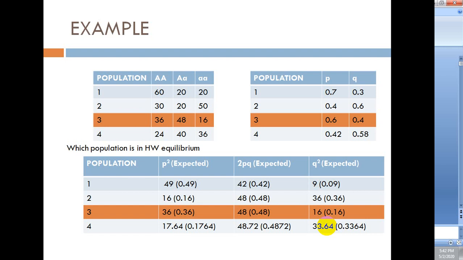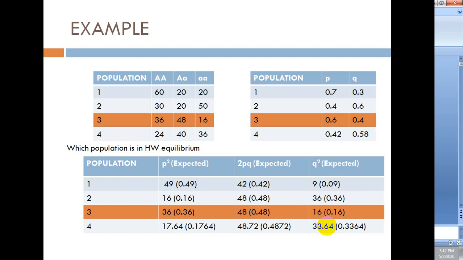In fact none of the populations are in equilibrium, because this is a theoretical concept. In nature it is impossible for a population to remain in HW equilibrium, as the disturbing forces are always there, and the allelic frequency and genotype frequency are always changing.